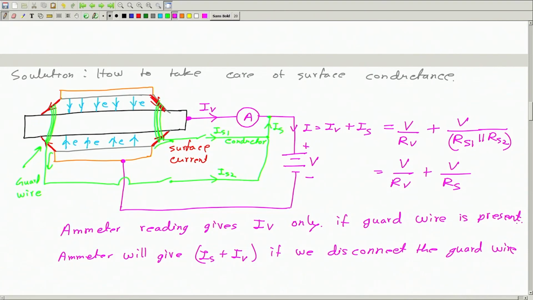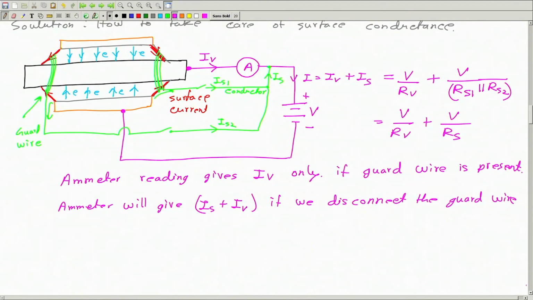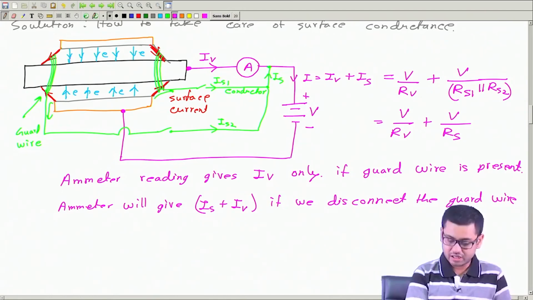So now we will go back to the previous question. We need to estimate the resistance for a 1 kilometer long cable, but we are doing the experiment with a 10 meter cable. So how can we estimate the result for a 1 kilometer cable?